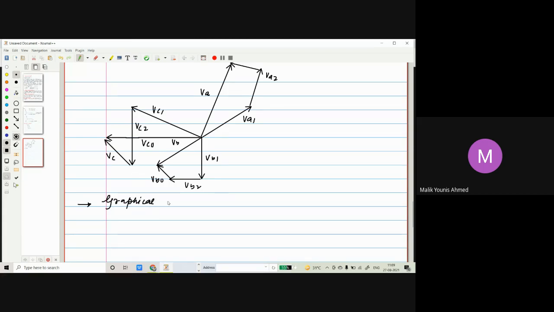Graphical addition of components shown in figure. Obtain what?